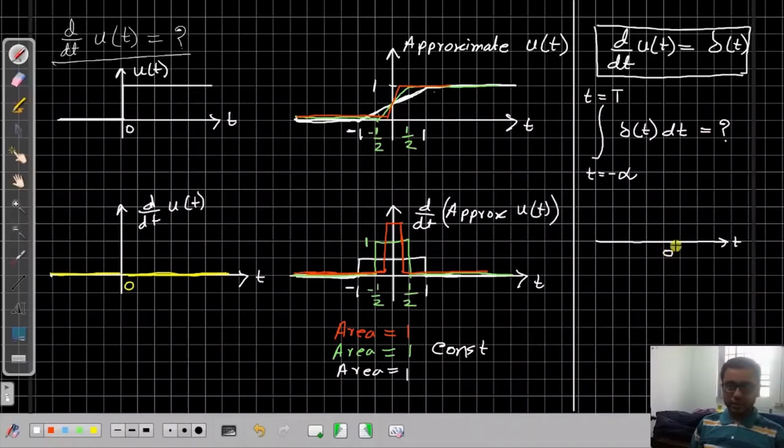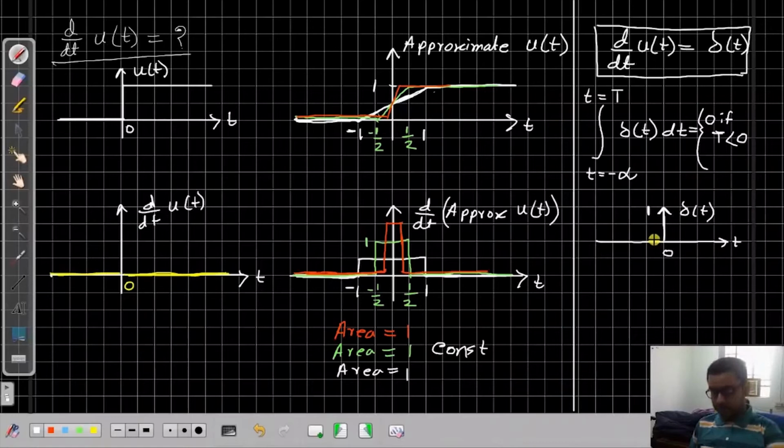This is t equals 0, and the delta function is denoted with an arrow. This is unit delta function, delta(t). And if I integrate the area under this curve, then the result will be as follows. The result will be 0 if capital T is less than 0, because here delta(t) is constantly 0.